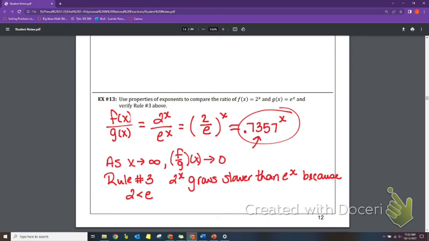And so therefore we know that 2 to the x will grow slower than e to the x for very large values of x.